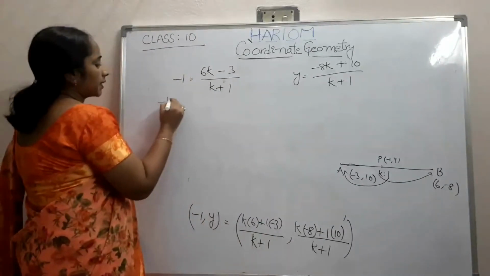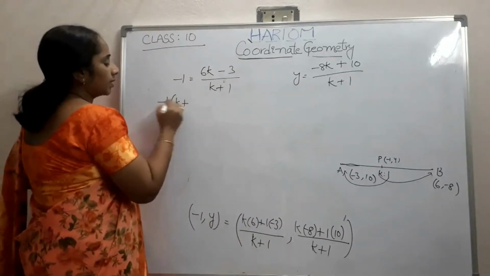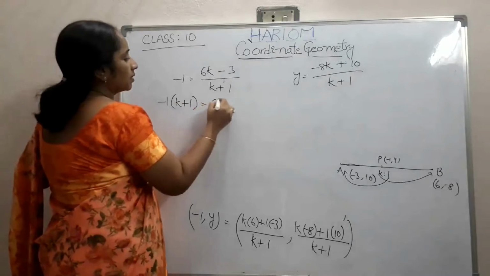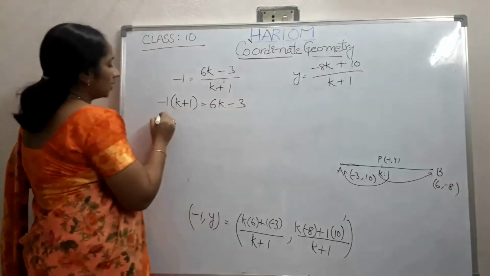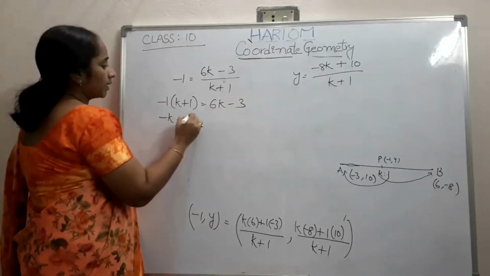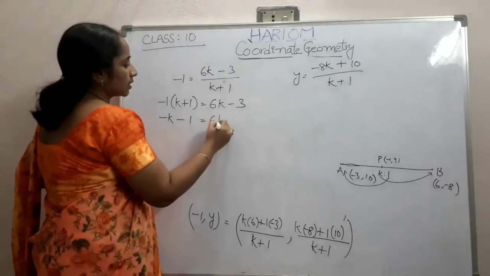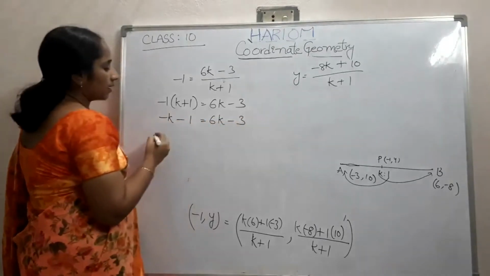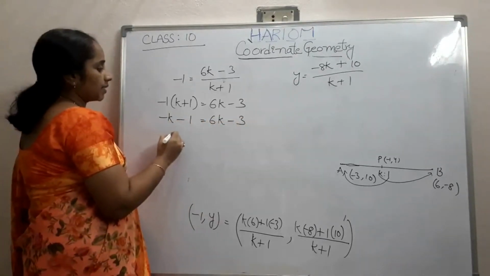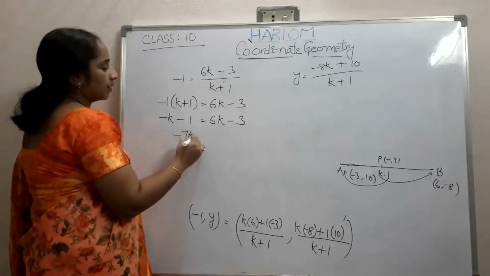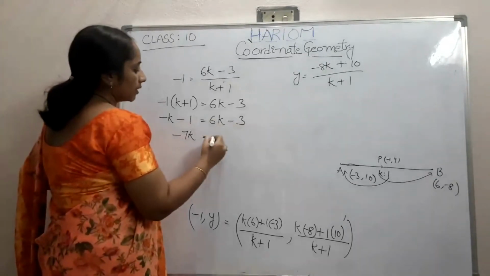By cross multiplication, minus 1 into k plus 1 is equal to 6k minus 3. Minus k minus 1 is equal to 6k minus 3. Taking all k terms to one side, minus 7k is equal to minus 2.